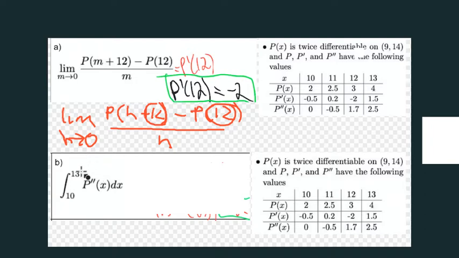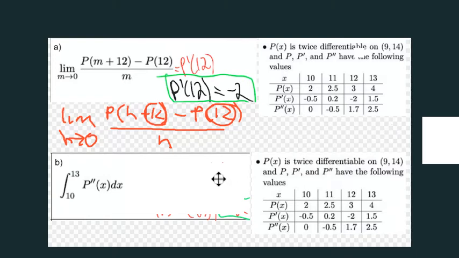But in this case, we're going from p double prime. If we integrate p double prime, we get p prime, just like if we integrate p prime, we're working towards information about p. So what this really is asking is, how much does the value of p prime change by from x equals 10 to x equals 13?